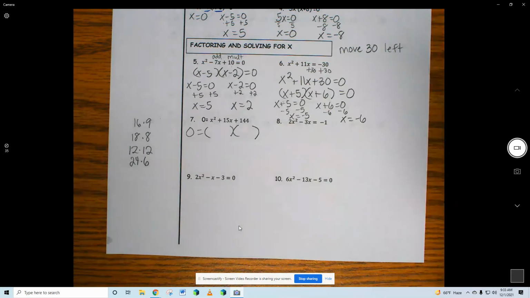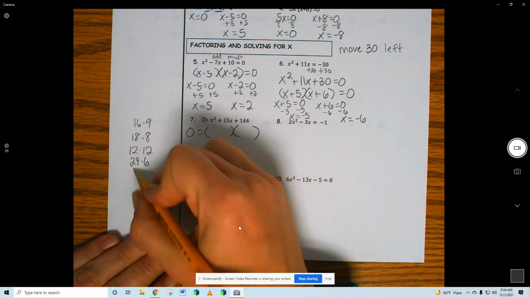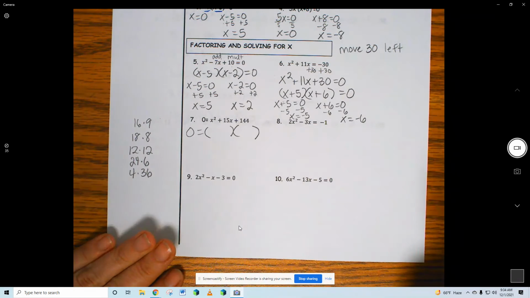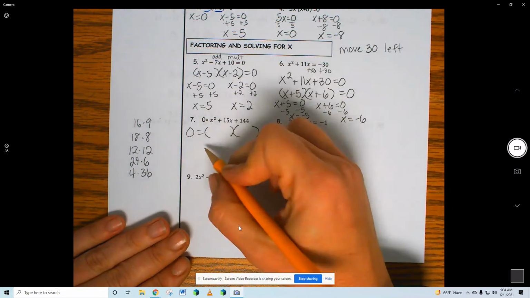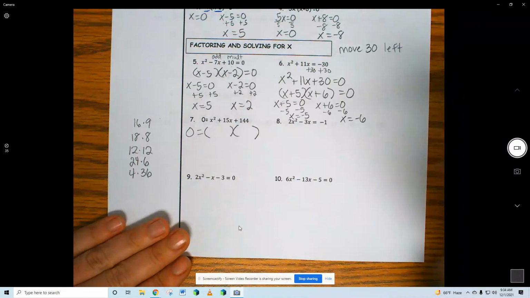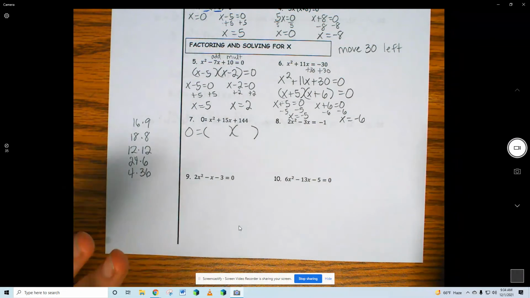You guys, I can't think of one. 4 times 36. Maybe it doesn't factor. Let's just leave it for now, because it's not coming obvious to our brain.